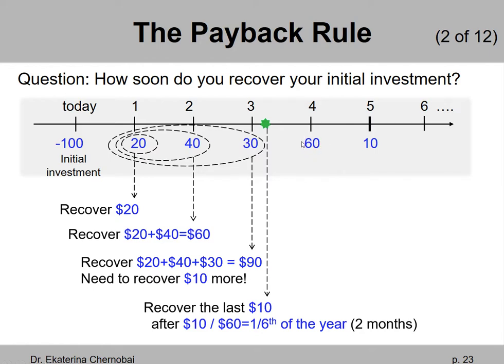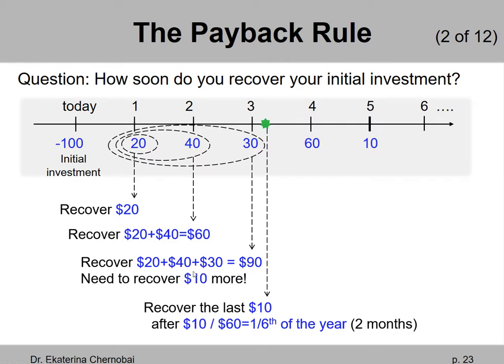So $60 are actually earned kind of continuously. They're slowly trickling in throughout the fourth year. So we have the first dollar coming in, the second dollar coming in, and so on. So we don't need to wait the full fourth year to get our remaining $10 back, right?